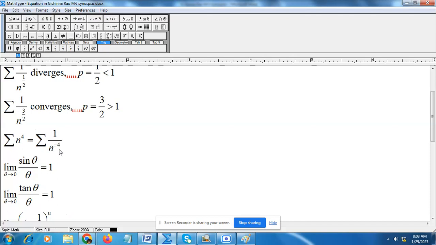What about this? Here p is minus 4. Is it less than 1 or greater than 1? Yes, it is certainly less than 1. So it diverges.